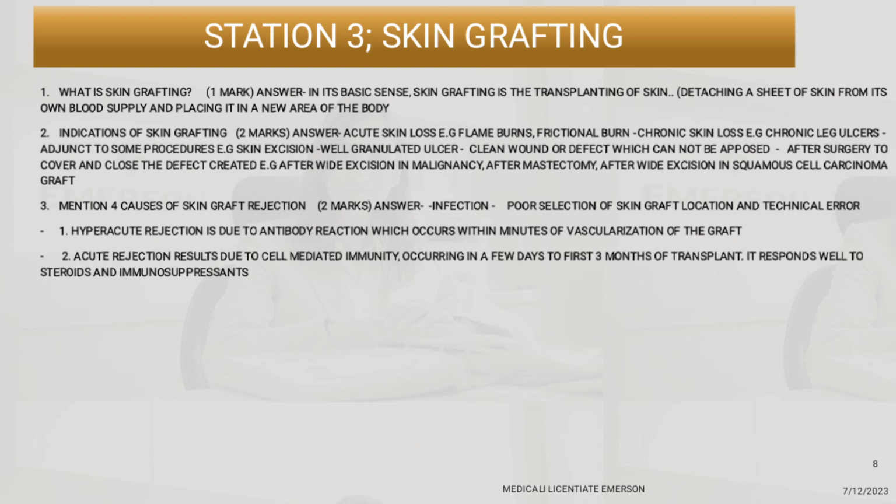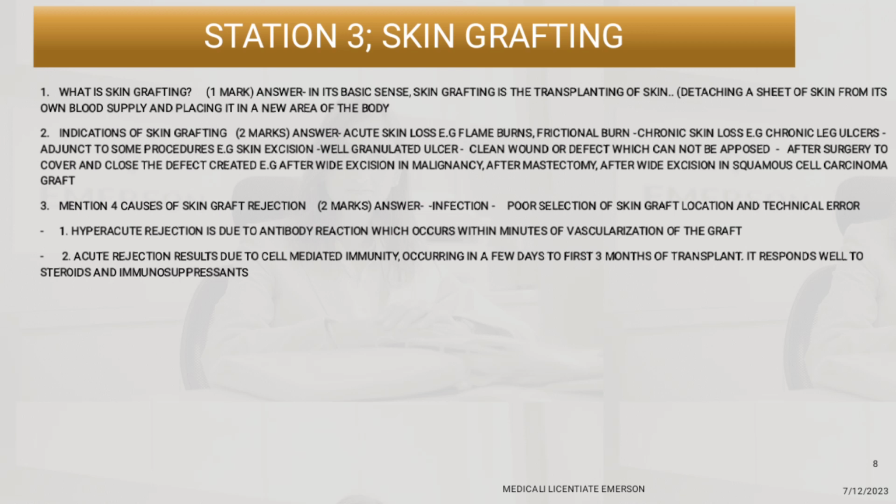Then the other one is acute rejection. So we go from hyperacute to acute. Acute rejection is due to cell-mediated immunity, occurring from a few days to the first 3 months of transplant. It responds well to steroids and immunosuppressants.